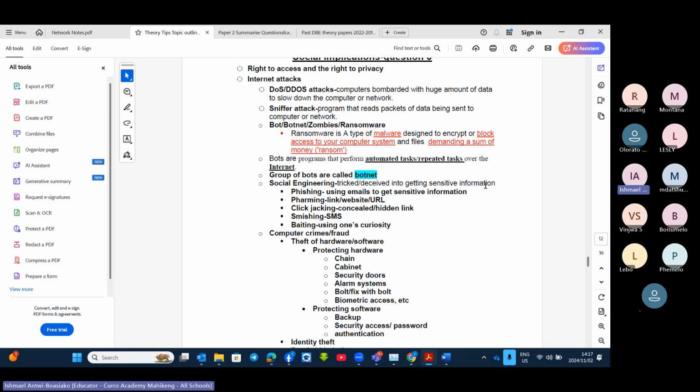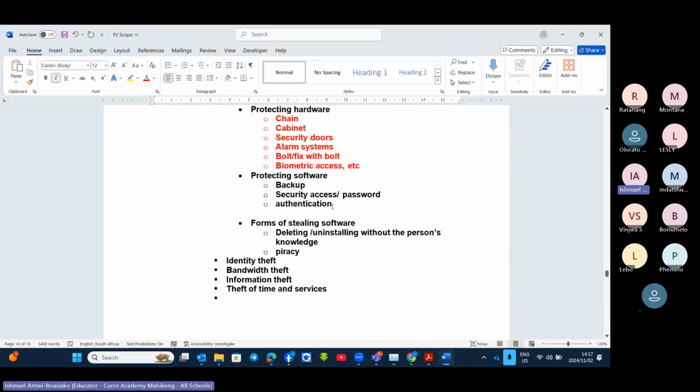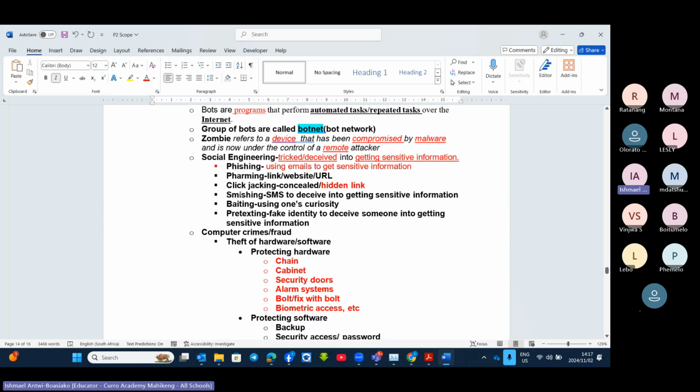Examples of social engineering are phishing, pharming, clickjacking, smishing, baiting, and pretexting. You can be given a question to differentiate between two of them or explain one example of social engineering. I have made them easier here. Pretexting is a fake identity: faking somebody's identity to deceive somebody into giving sensitive information.